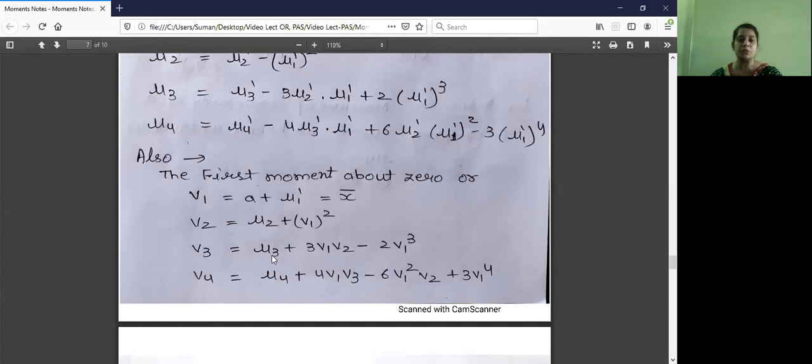V3 is equal to mu3 plus 3 V1 V2 minus 2 V1 whole cube, and V4 is equal to mu4 plus 4 V1 V3 minus 6 V1 square V2 plus 3 V1 to the power 4.